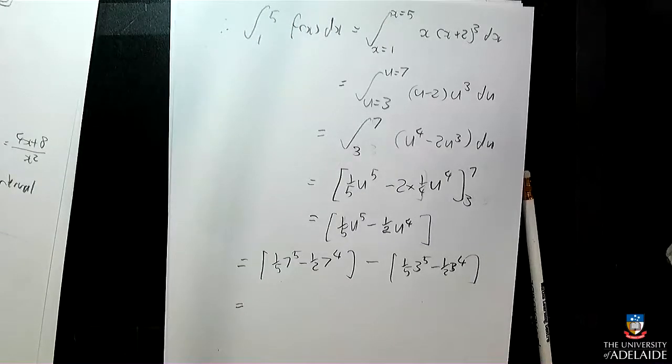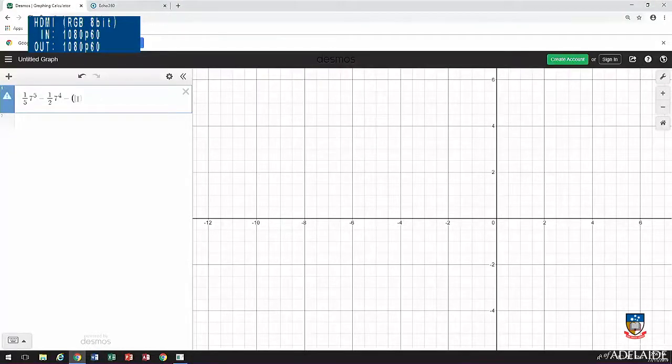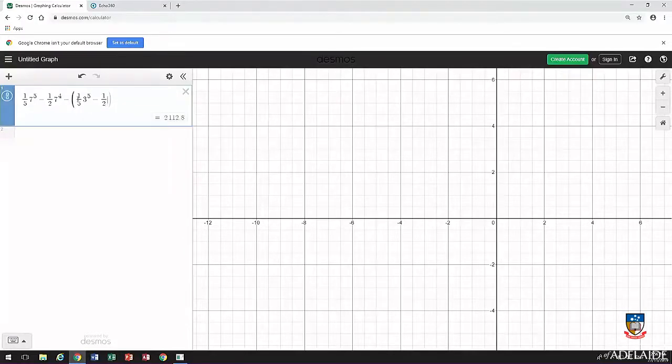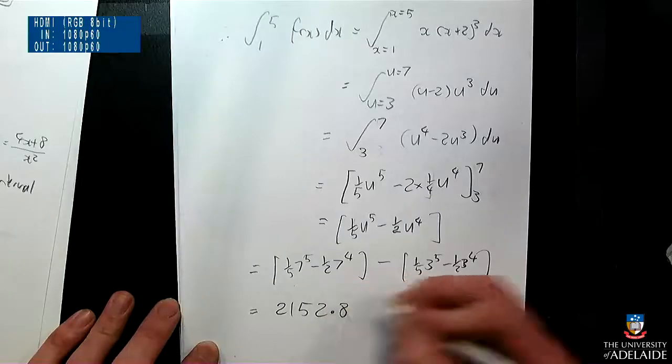So 1/5 of 7 to the power of 5 minus a half of 7 to the power of 4, minus 1/5 of 3 to the power of 5, minus 1/2 of 3 to the power of 4, is 2152.8. 2152.8, exactly.